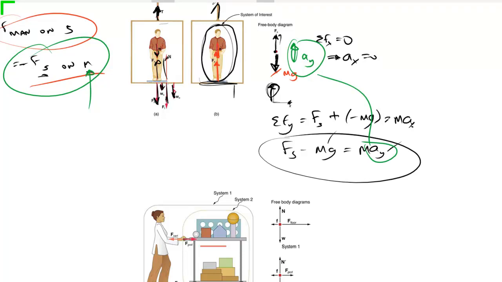If I had an acceleration downwards, I would have drawn an arrow over here downwards. So this is a_y, and it would go in here as a negative value. So my arrow translates to an algebraic sign via my coordinate system.